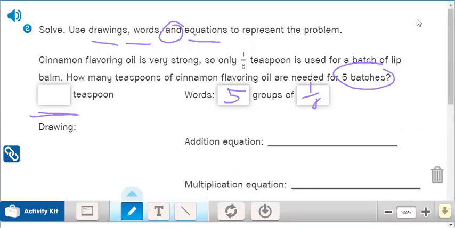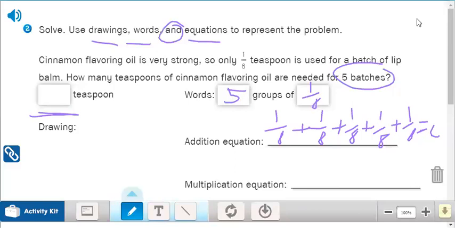So if we did that and wrote it all out, our fraction would look like this. 1/8 5 times, right? So 1/8 plus 1/8 plus 1/8 plus 1/8 plus 1/8 equals, I'm just going to say C for cinnamon flavoring. Okay, so that's our addition equation.